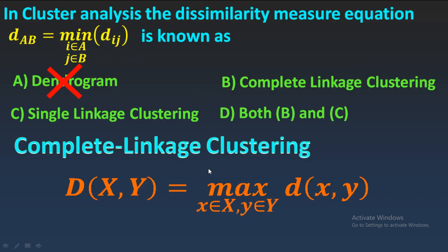Therefore, complete linkage clustering gives the dissimilarity measure equation in terms of maximum, but we need minimum, so option B is wrong.